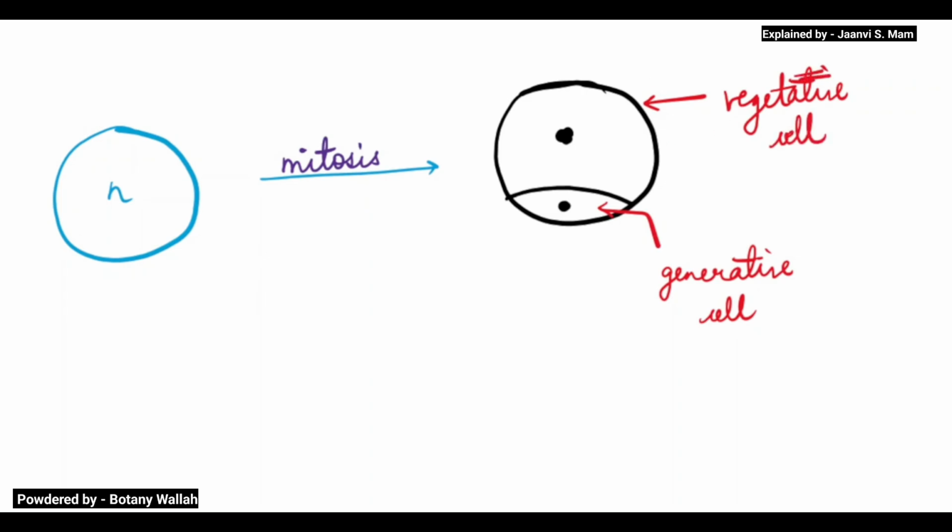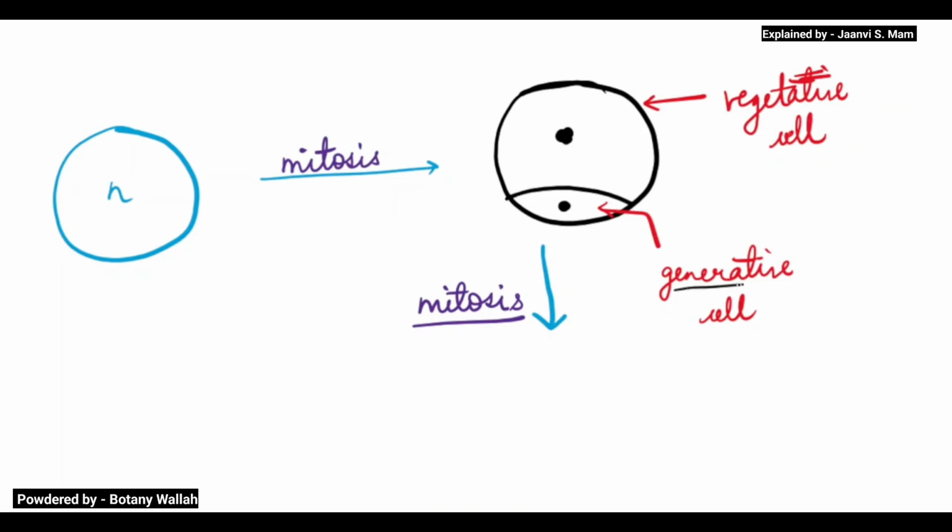Our ultimate goal is that from the pollen we have to form male gametes, right? So after this there will be one more cell division, which will be mitosis. Again there will be mitotic division.